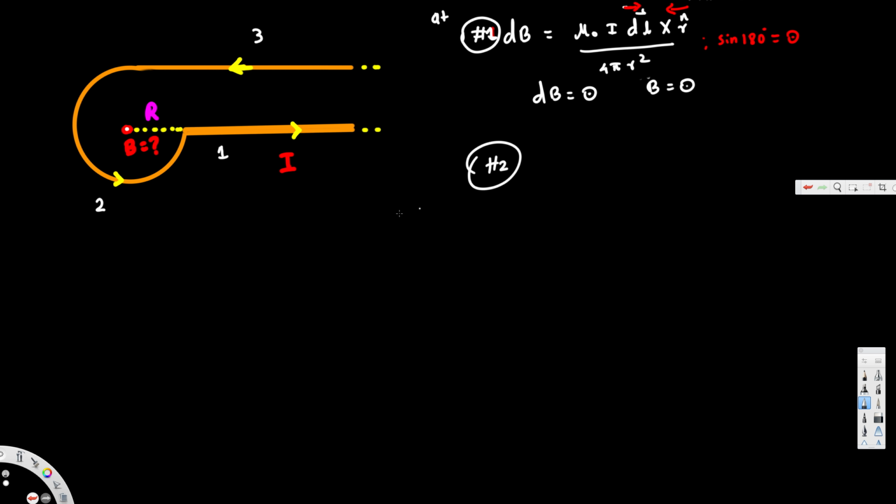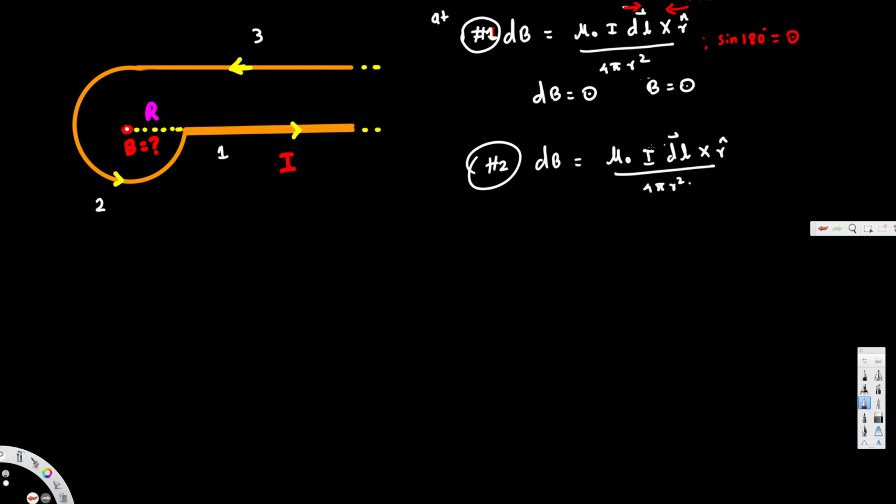At 2, we are going to have a 3/4 of the circle. Again, we can use the Biot Savart law. That's dB equal to mu naught I dl cross r vector over 4 pi r square. Now let's look at this one. Here we have the current going in the direction along the circle.